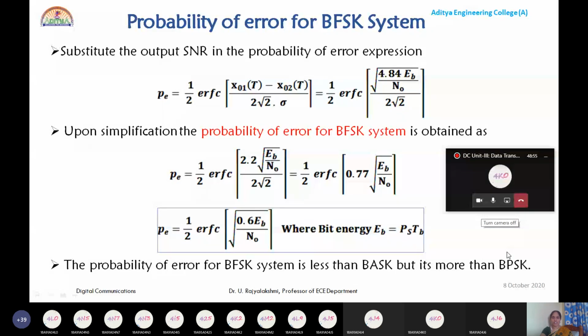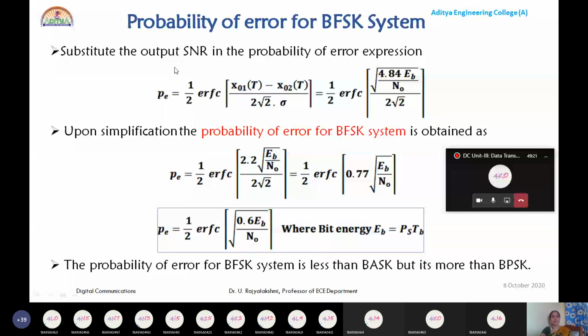So the final conclusion is that out of BASK, BPSK and BFSK, the system which provides the least probability of error is BPSK, and the system which provides the highest probability of error is BASK. The system which provides high output SNR is BPSK, and the least output SNR is BASK.